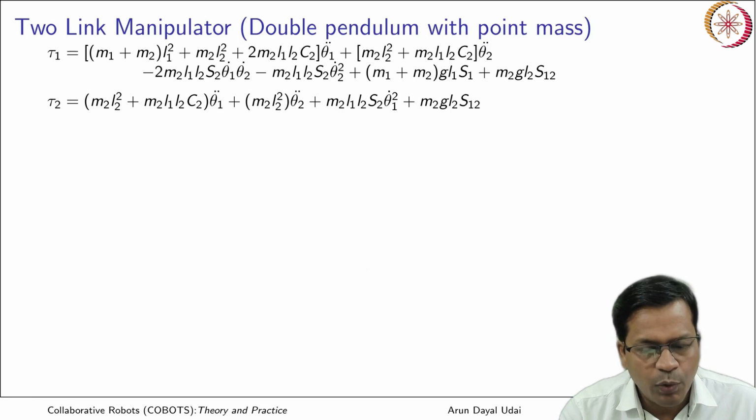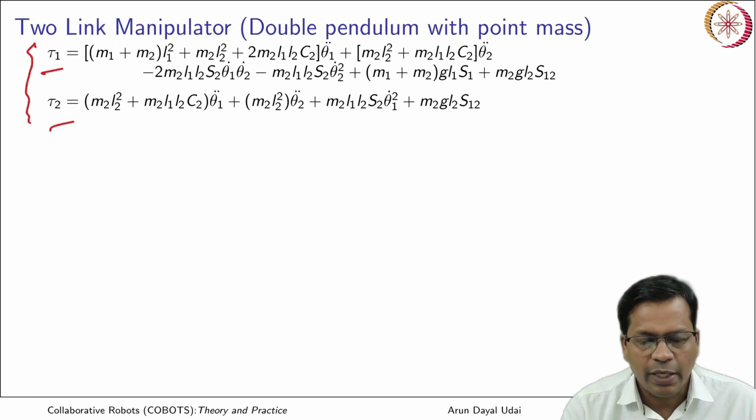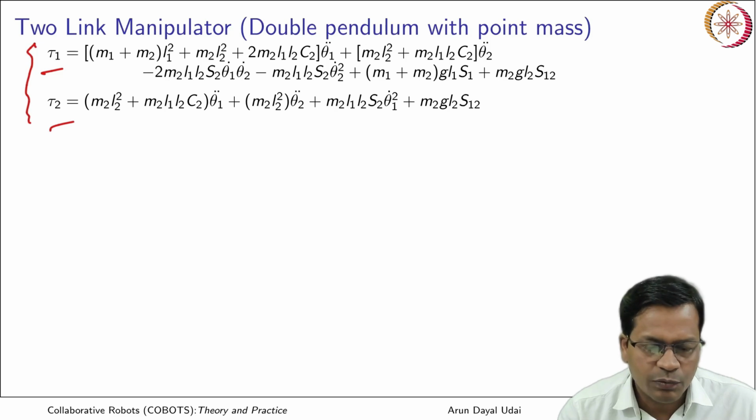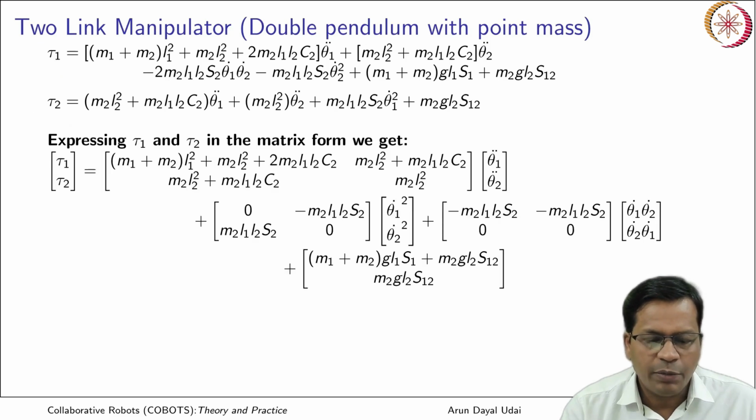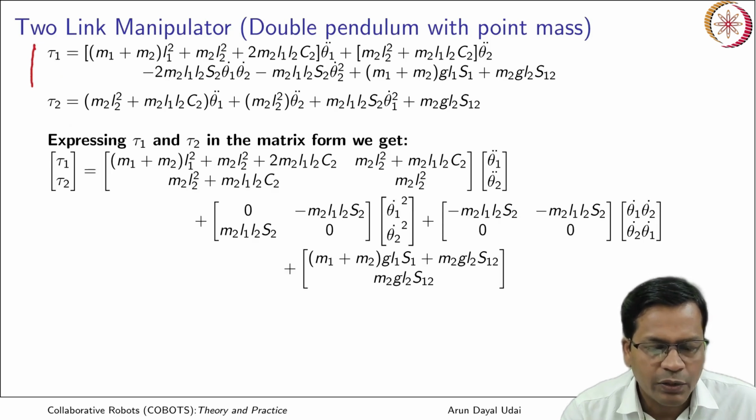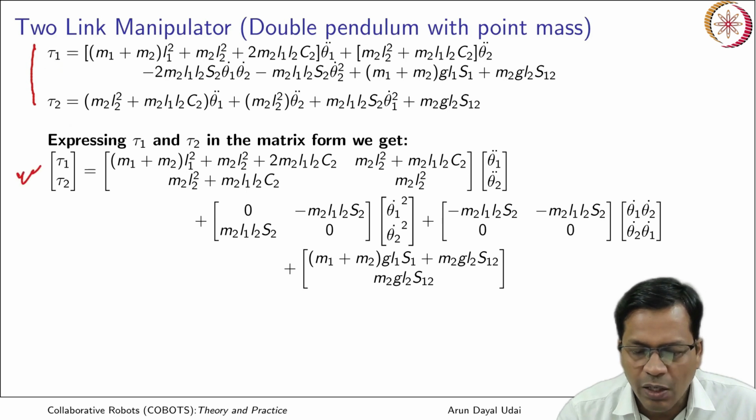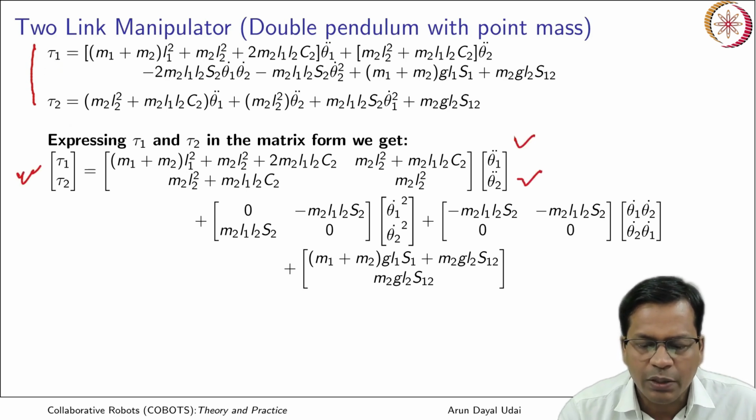Now packing both the equations together, both are scalar expressions. Can I write it in vector matrix form? So it can be packed like this. You see tau 1 and tau 2 can be written like this. All the terms which have theta 1 double dot and theta 2 double dot are expressed in matrix vector form.